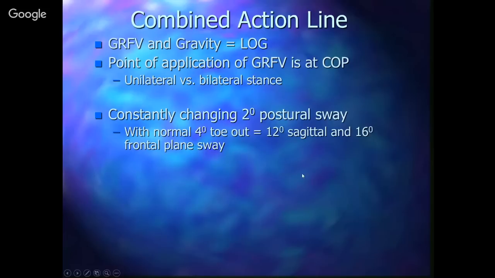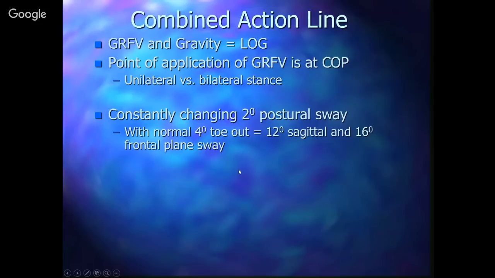So it's not out of normal or out of question that we have a position whereby at any given time we have a 12-degree sagittal plane change, that's anterior to posterior, and a 16-degree frontal plane sway side to side. And this was applied when we're standing with a relatively 4-degree toe out position.